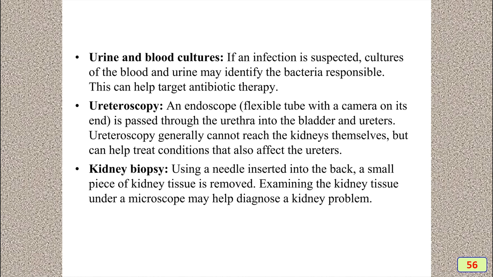And of course, there are the old gold standard tests like the urine culture and sensitivity test to find the bacterial infection and the cause of cystitis, urethritis, etc. Then ureteroscopy is done using an endoscope, a flexible tube with a camera on its other end, which is passed through the urethra into the bladder and also to the ureter.